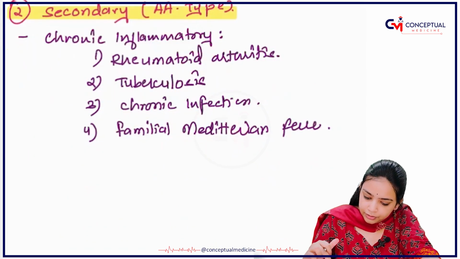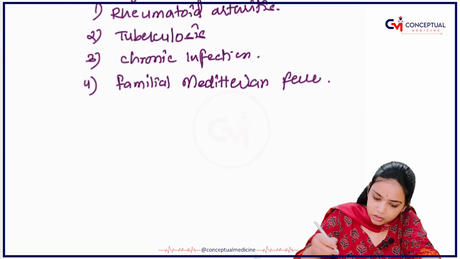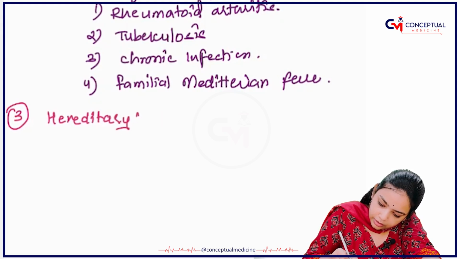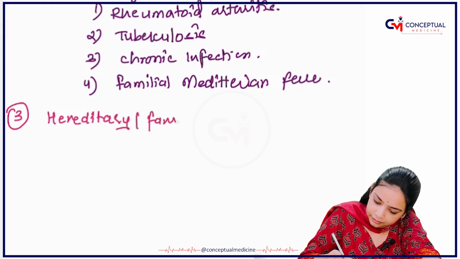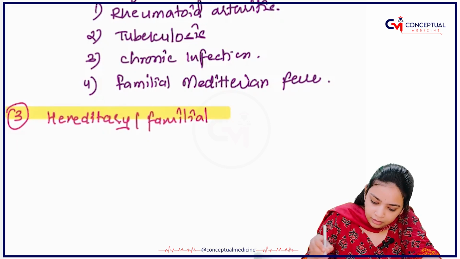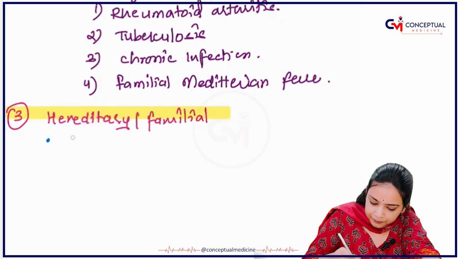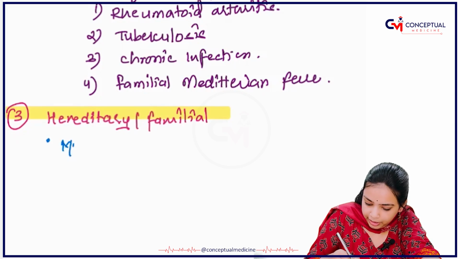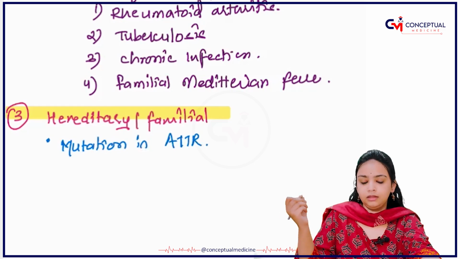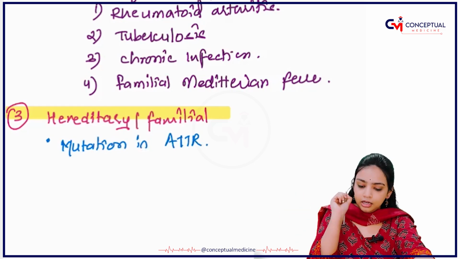Now, the third classification is based on hereditary or familial. What do you have here? Here you have a mutation in the ATTR gene.